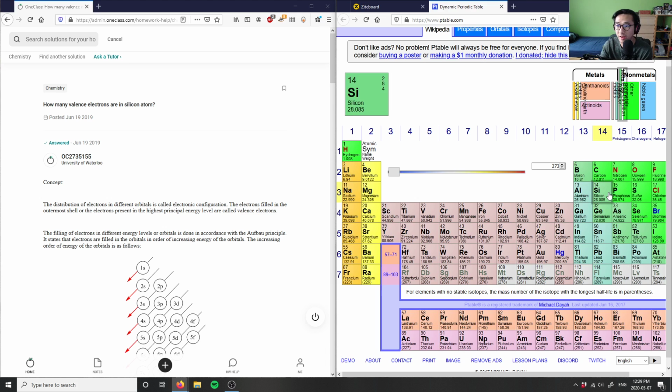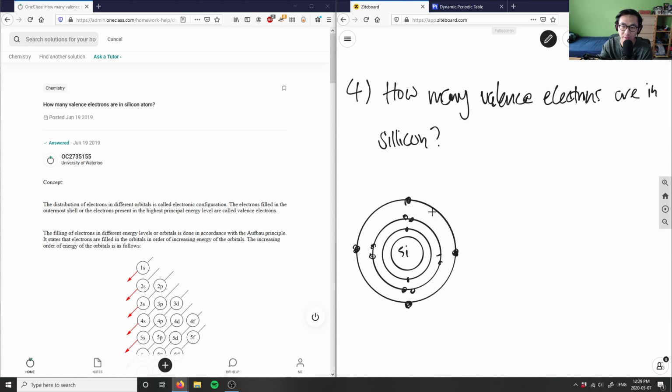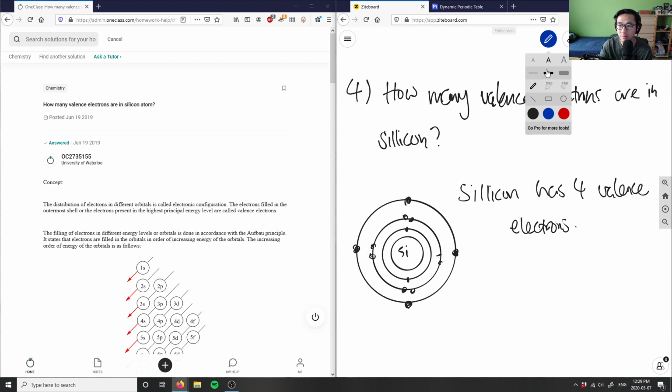So because I have 4 electrons in the last shell, I have 4 valence electrons. If it was asked in terms of a lower level chemistry question, you can say that silicon has 4 valence electrons, just because you see here, I'll highlight this in blue, there's 4 electrons in the outer shell.